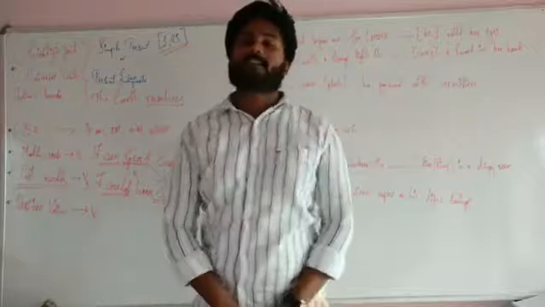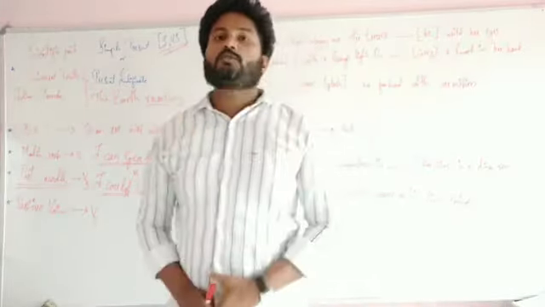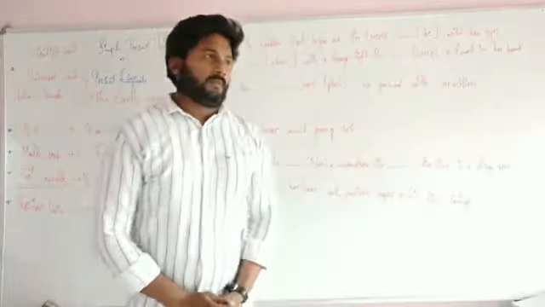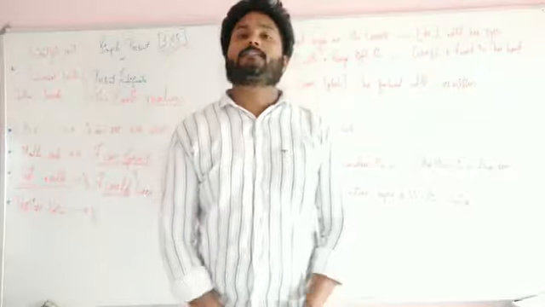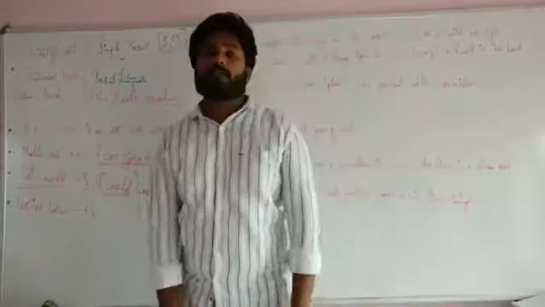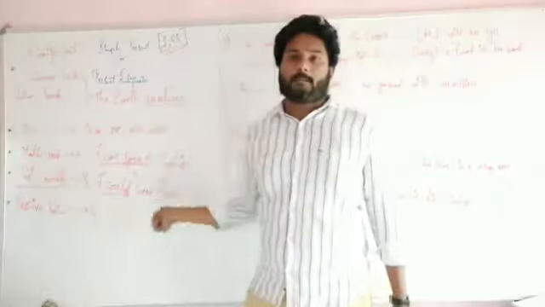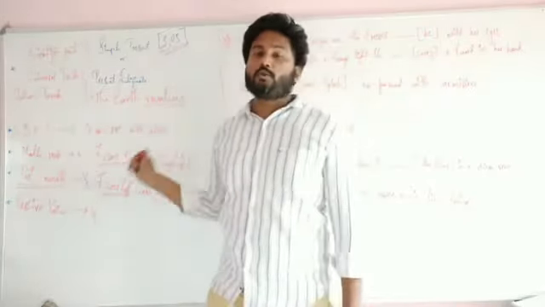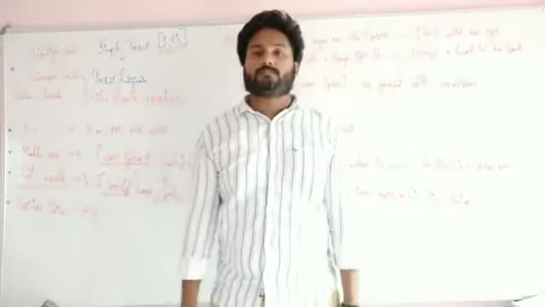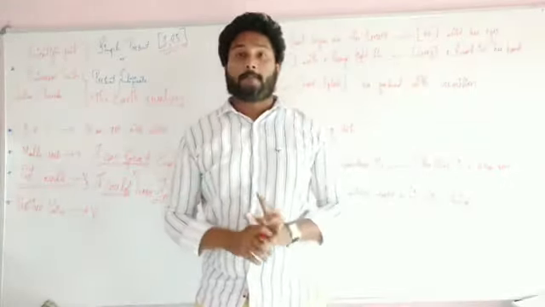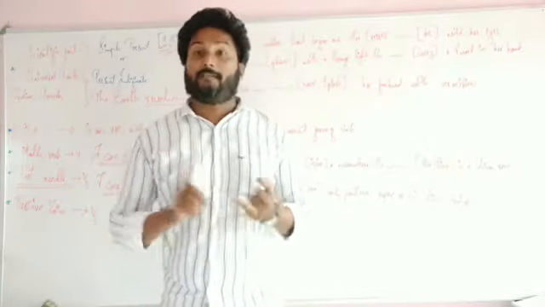And the last one is V3, which means passive form. Almost all of these kinds of verbs are in the passive form. If there is a passive form, the verb should be in the third form. These are the main tips you should keep in your mind while solving verb form, the suitable form of verb or verb agreement. It carries 7 marks.